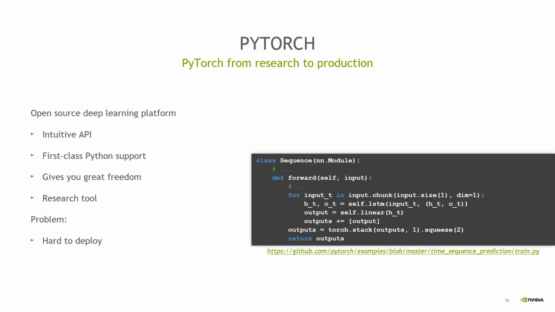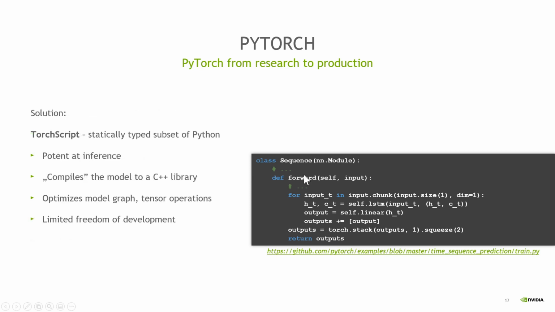Since it's Python based, it is, however, hard to deploy. And the solution to that problem is TorchScript, which is a statically typed subset of Python, and it gives us better efficiency and better performance during inference, because TorchScript compiles the model to a C++ library and tries to optimize both the model graph and the tensor operations for best performance.